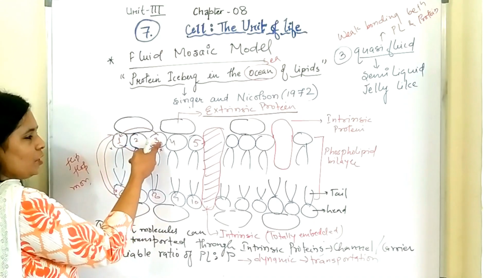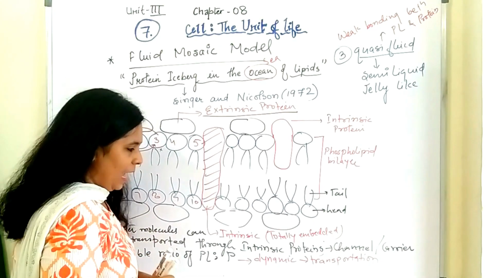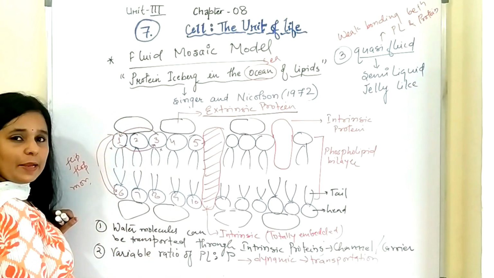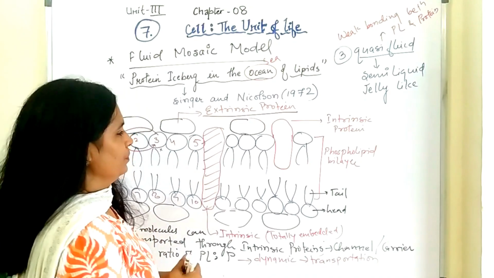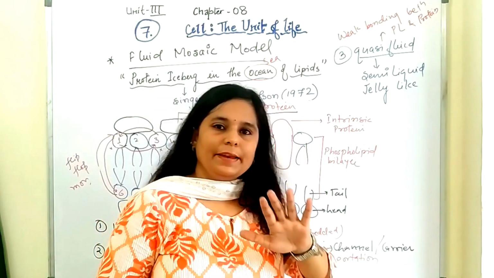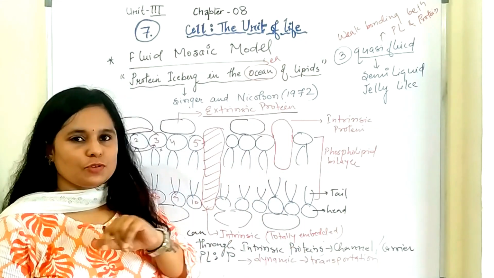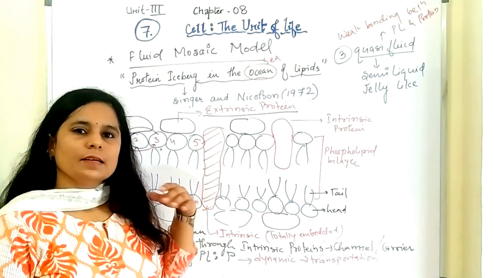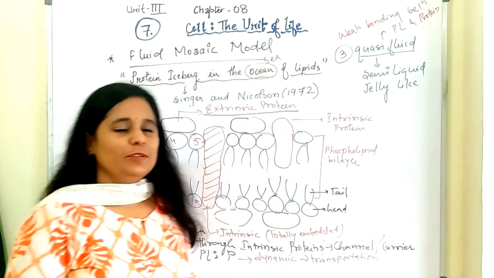One is transitional movement, another is flip-flop movement. Because of that, the ratio is variable and it gives a scope for transportation. And one more thing was given by Singer and Nicolson, that the pore size in the membrane is 7 to 10 Armstrong, and whereas the thickness is 75 to 100 Armstrong. So this is all about fluid mosaic model.